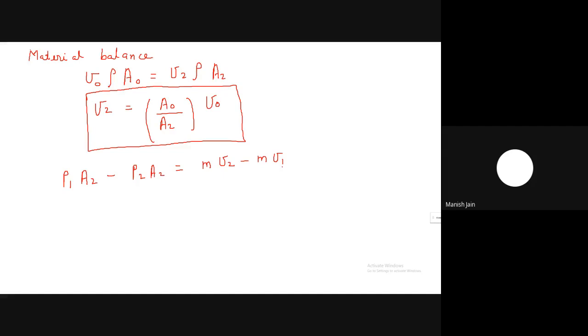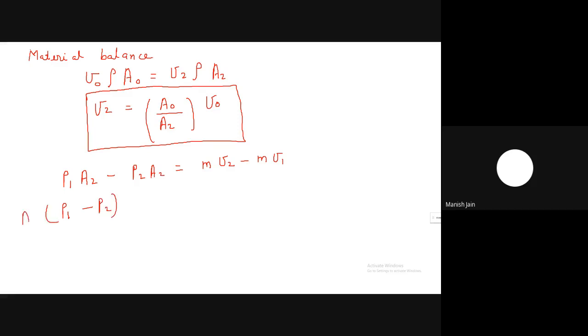Now just substitute the value of V2 from this equation and rearrange the equation. You can take A2 common in this case. So I am substituting P1 minus P2.